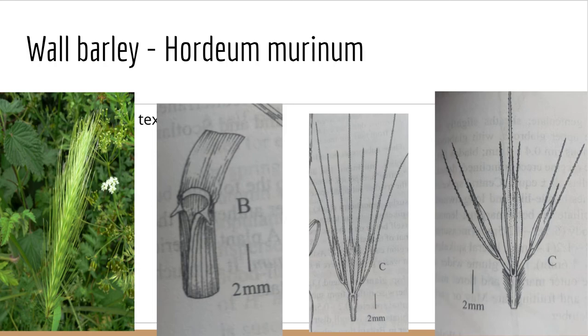So it needs frequently disturbed habitats because it's an annual and it seeds itself every single year. If you look at the ligule, it's quite short, and it's got these outer pointed auricles.